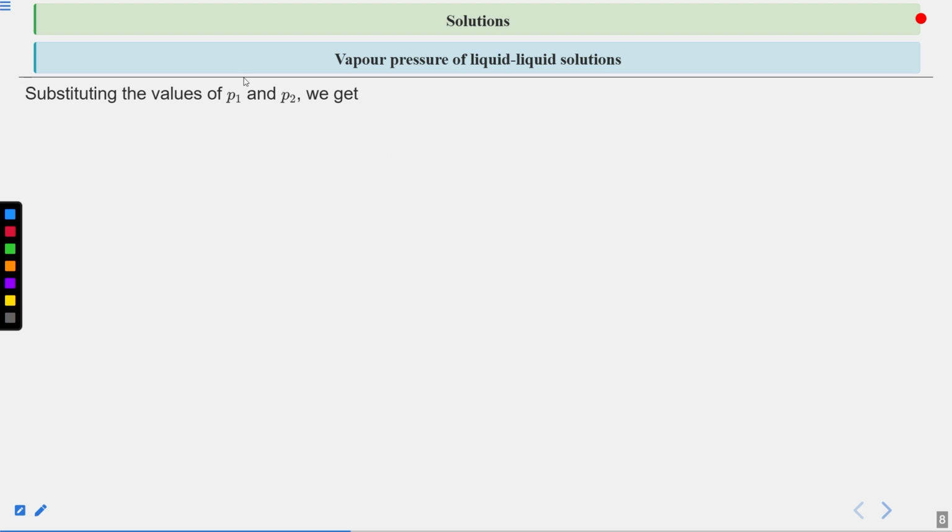Now, in the next part, we will substitute the values of P1 and P2. If we do so, we will get our total pressure as chi1 P1 naught plus chi2 P2 naught. These are the relations of Raoult's law; we have taken the values of P1 and P2 from there.